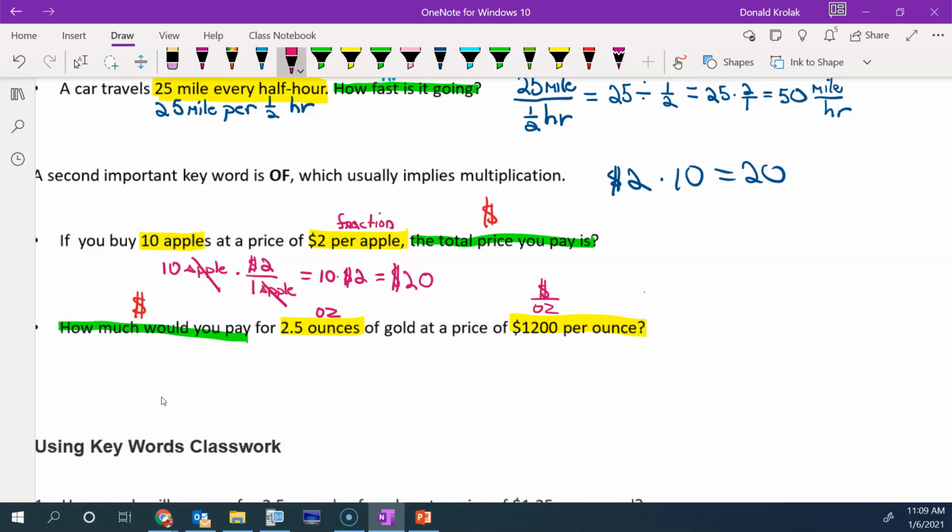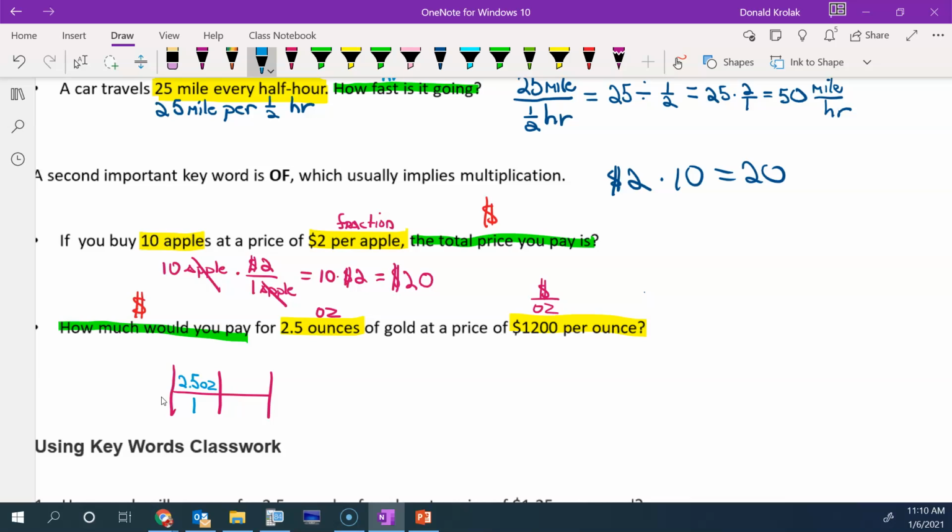Okay. Now, I don't know if you've done this in your math or science classes, but sometimes your teacher writes it like this. You'll see it written like 2 boxes. And they'll say, this is the first fraction, this is 2.5 ounces.